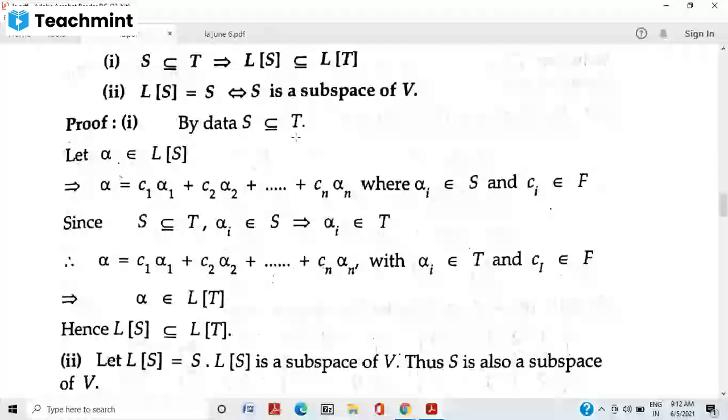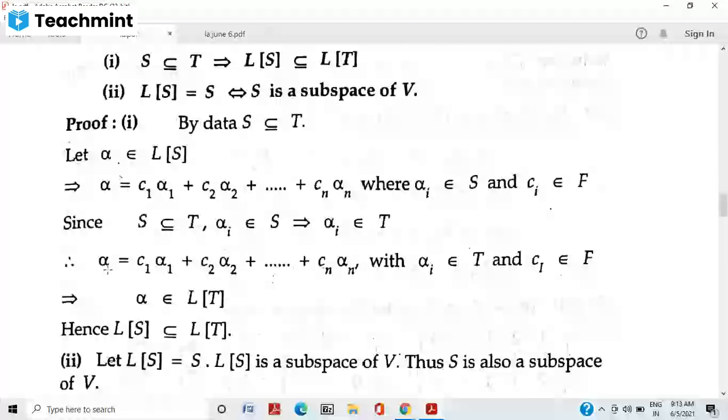L of S is contained in L of T. For that, we consider one alpha belongs to L of S. Then we should get that same alpha belongs to L of T. Since alpha belongs to L of S, which is the linear span, alpha can be written as a linear combination of the elements in S. That means alpha equals C1 alpha 1 plus C2 alpha 2 plus etc. plus Cn alpha n, where all alpha i belong to S and Ci belongs to F. But alpha i belongs to S and S is contained in T, so we can say alpha i belongs to T.